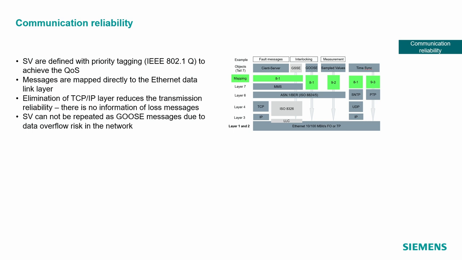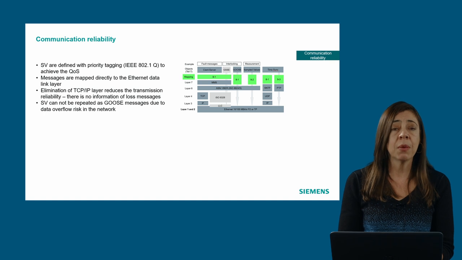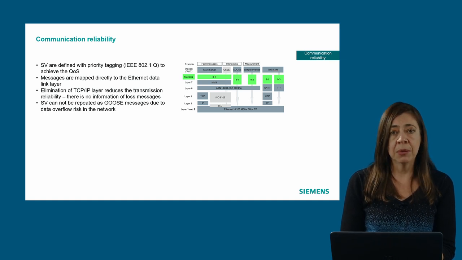This makes the transmission faster, but then we cannot have any confirmation if the messages are arriving at the destination. For the GOOSE messages, we use a repetition mechanism to ensure this arrival, but this mechanism cannot be used in the case of the sample measured values because they are transmitted cyclically.